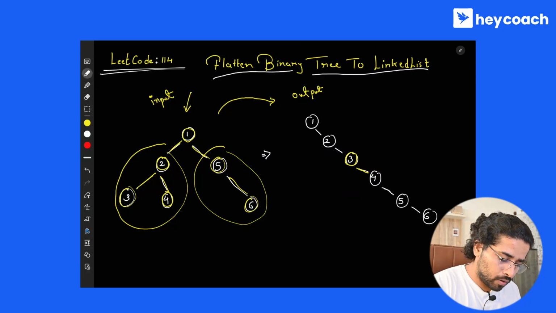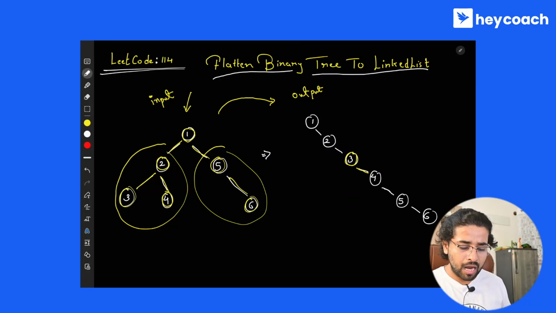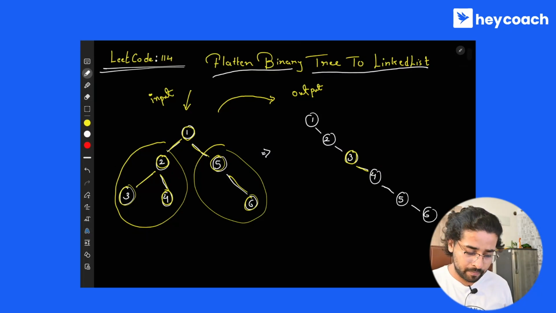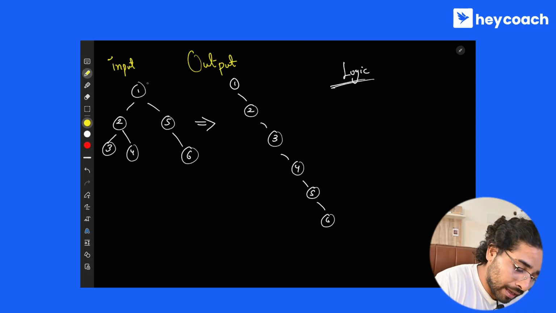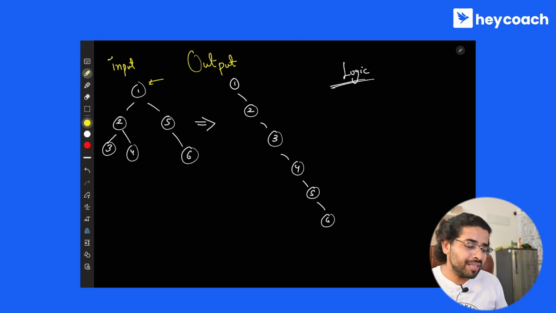Now let's see how we are going to develop this logic. For developing this logic we have a binary tree and we start from the root. We are trying to do a pre-order traversal.